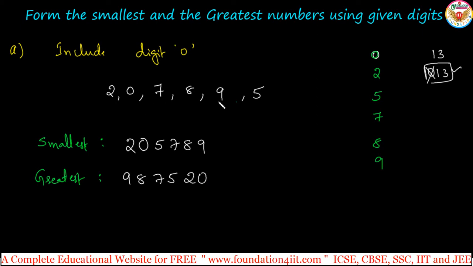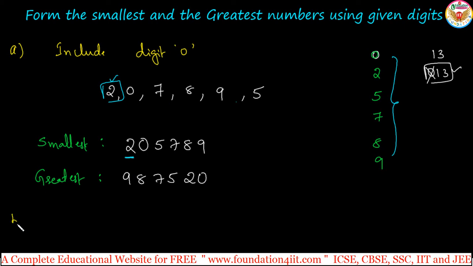To make the smallest number, except 0, from the remaining digits write the smallest one, which is 2. You write that first, then write 0, then the remaining digits in ascending order. And the greatest number is directly written from highest to lowest: 9, followed by the next highest, finally 0. This is when we include the digit 0.